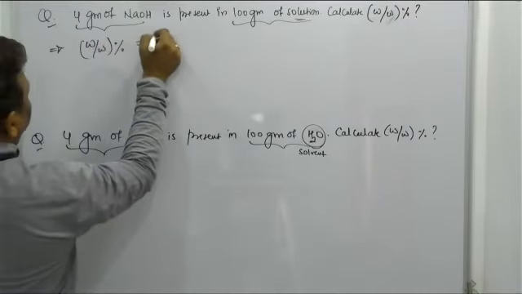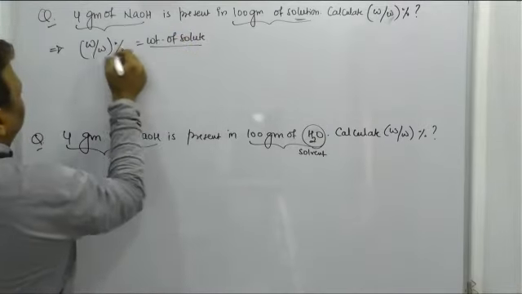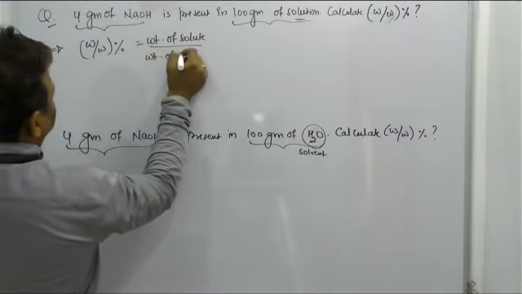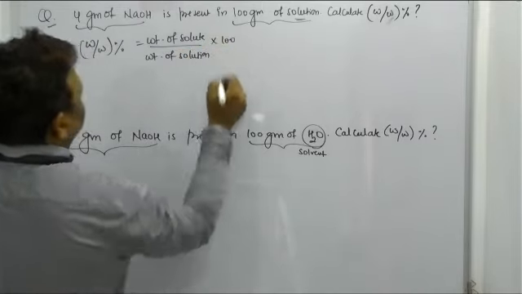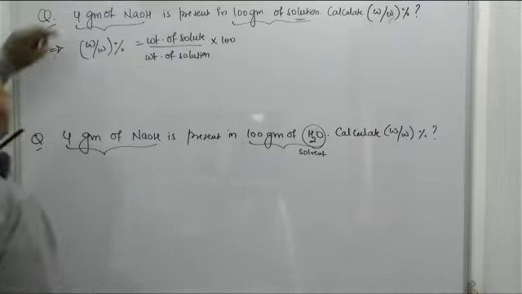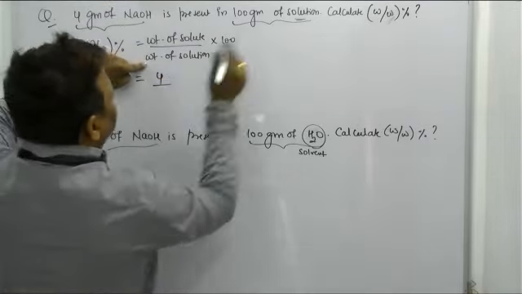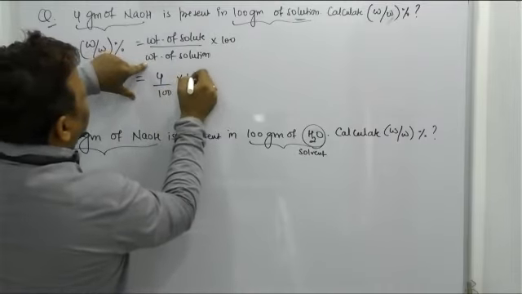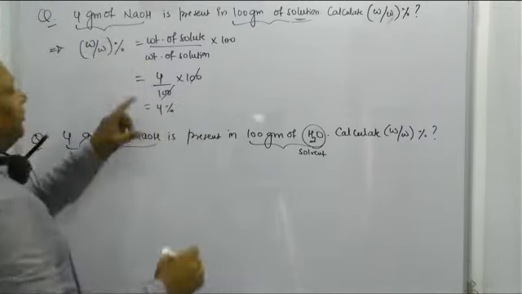So I will write the formula: weight of solute by weight of solution into 100. Weight of solute we have, 4 gram. Weight of solution also we have, that is 100, into 100. This gets cancelled. My answer is 4% here.